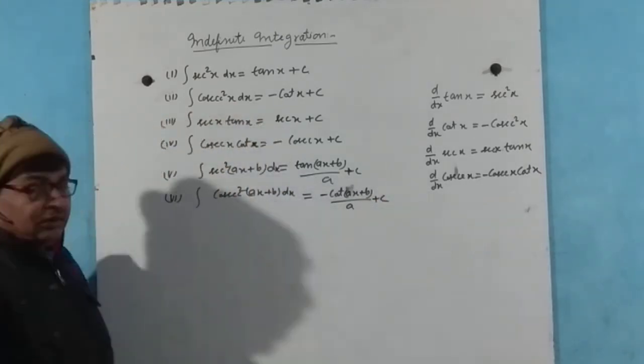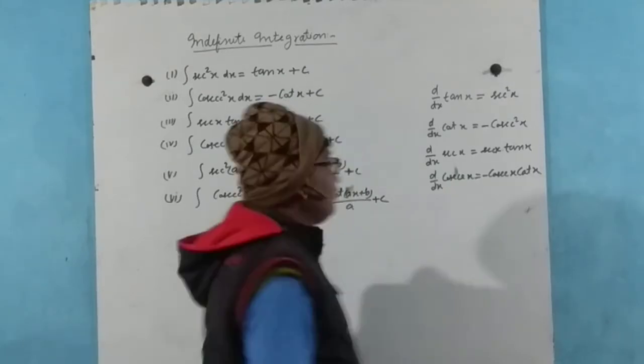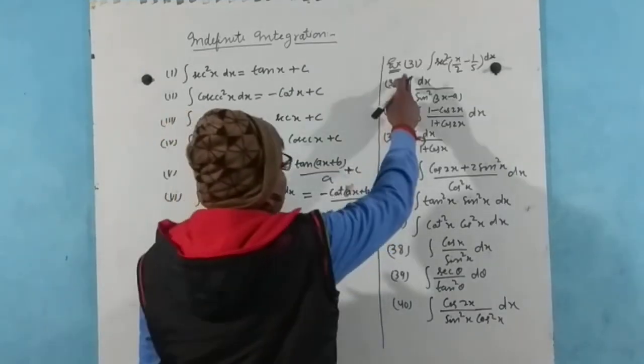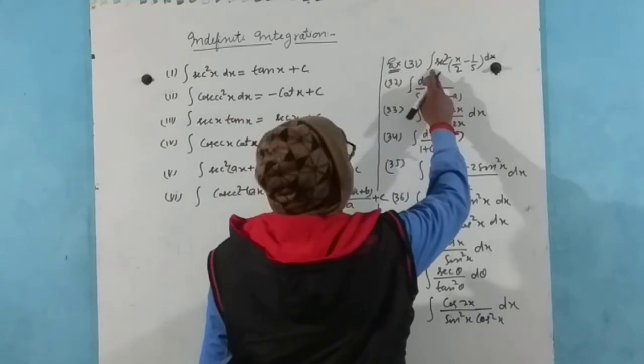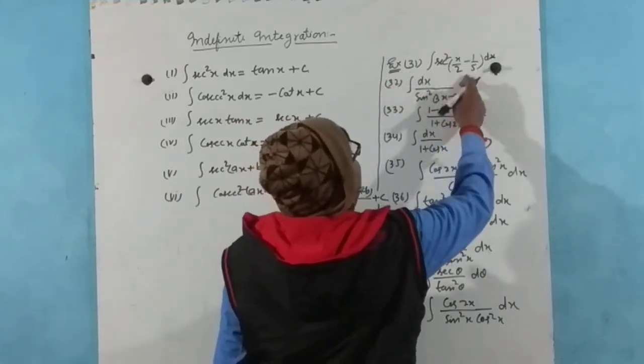Now we take some examples. Example 31: integration of sec square (x by 2 minus 1 by 5) dx.